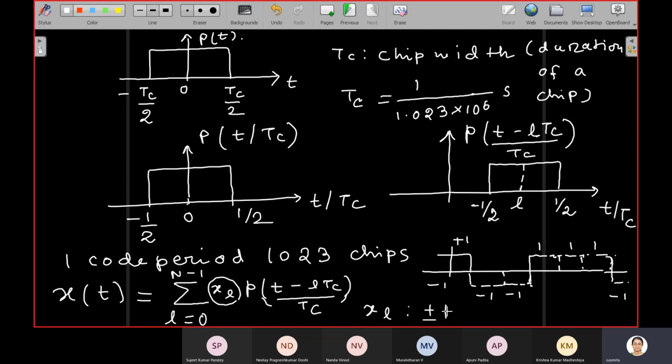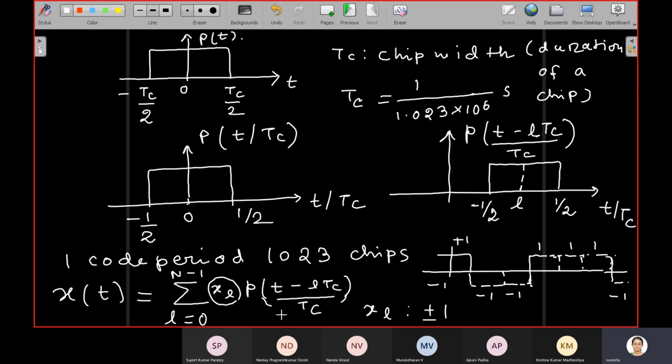So x_L will take either plus 1 or minus 1 depending on the sequence of the C code. So this is actually one complete code period, because it has all the N chips in the code period.